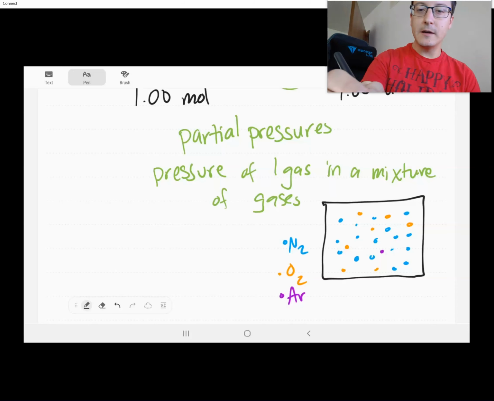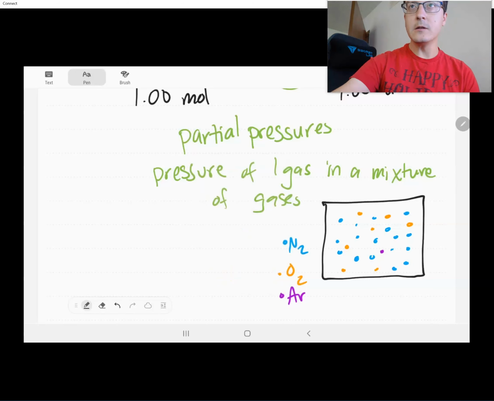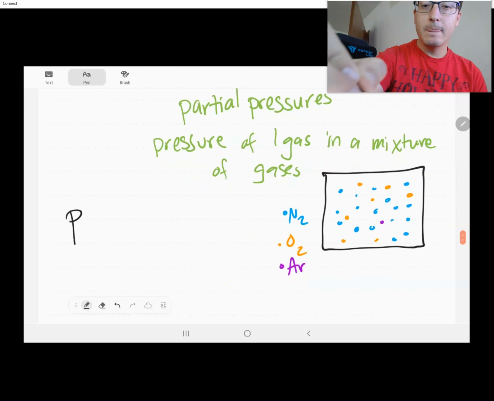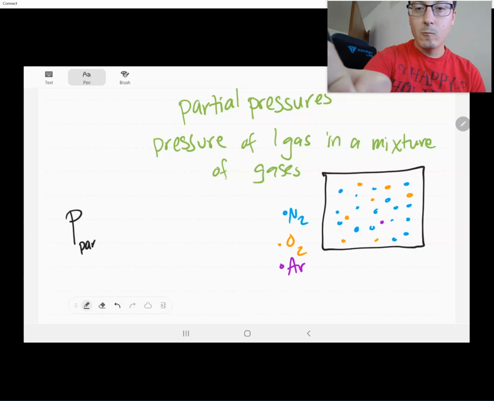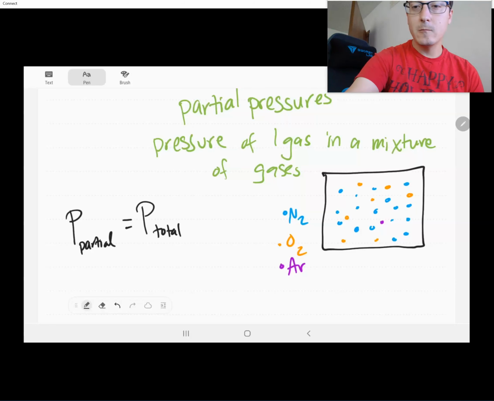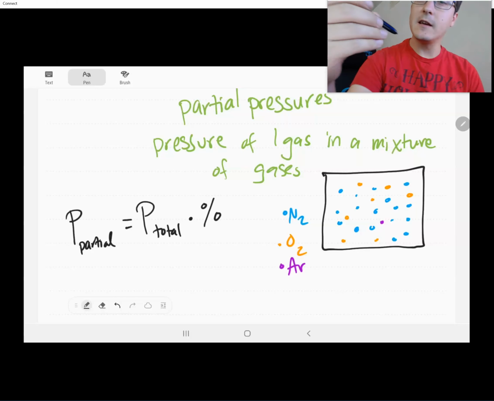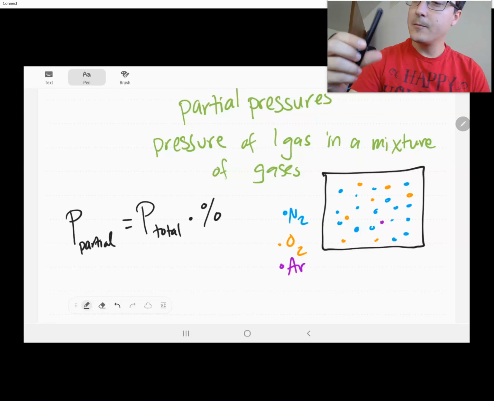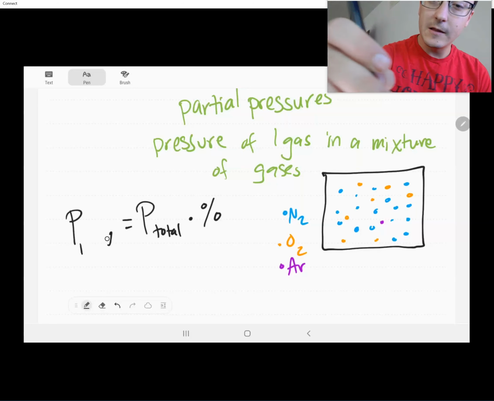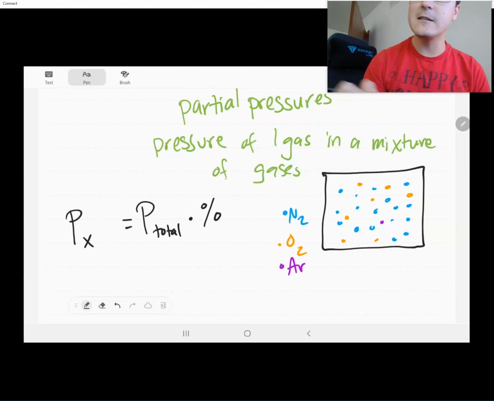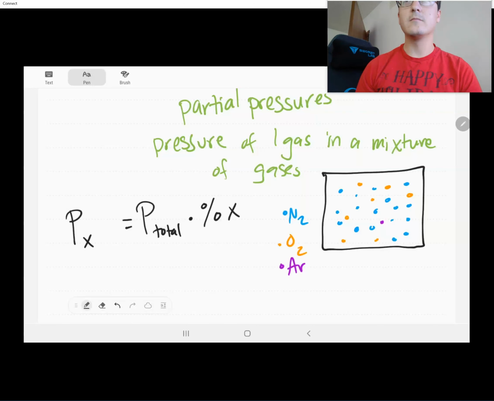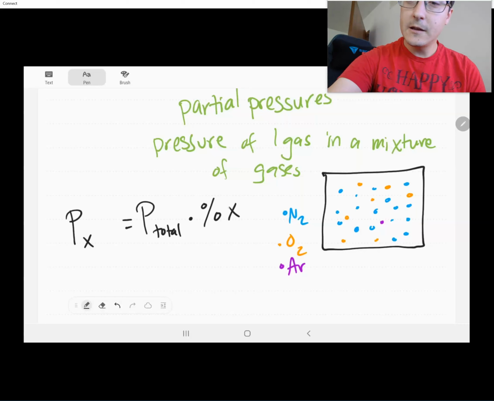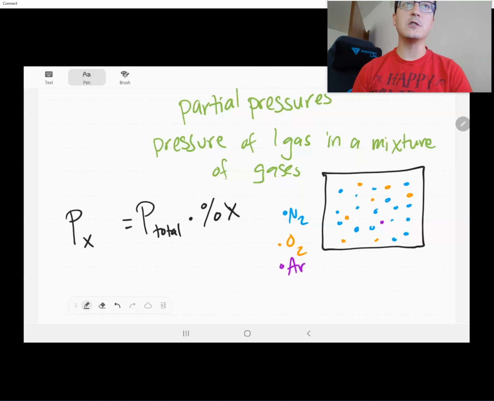Okay, so in that case, here is our equation. And in this case, let's say it's gas X. So that's going to be the total pressure times the percentage of that particular gas in your mixture.